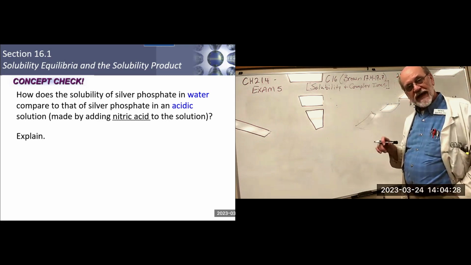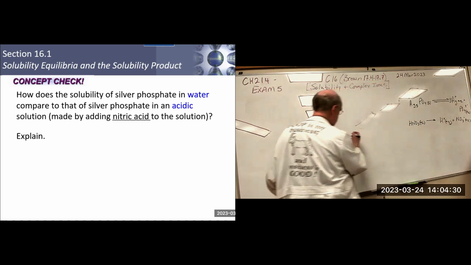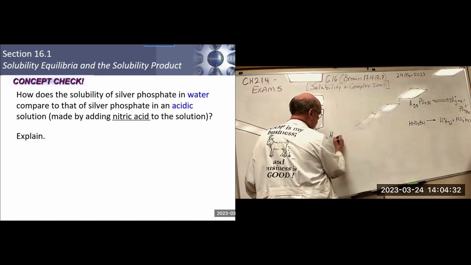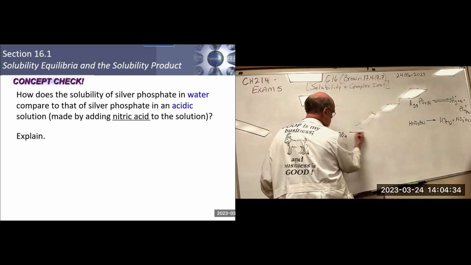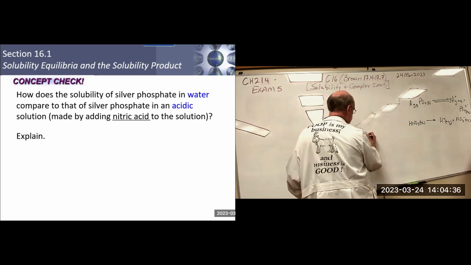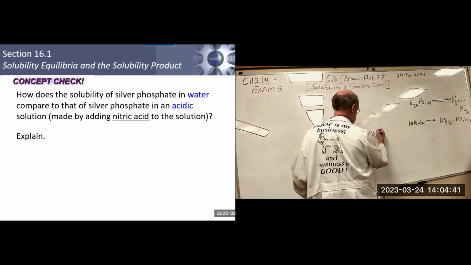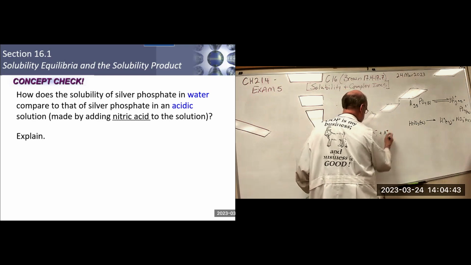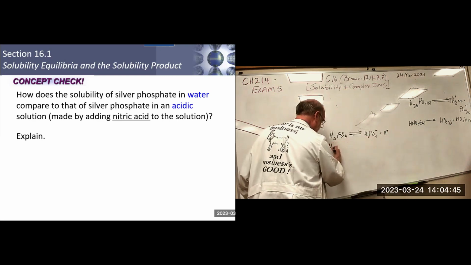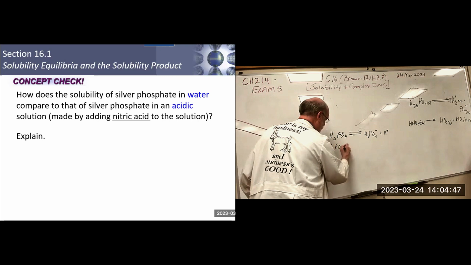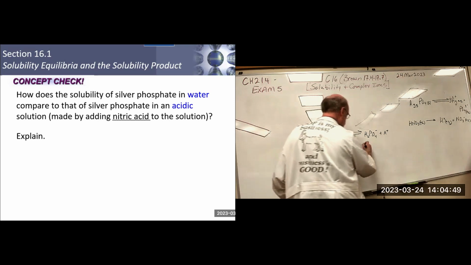Remember when we were talking about acids and bases, we had phosphoric acid in equilibrium with this ion, like that. And then the next one, is in equilibrium with this one.